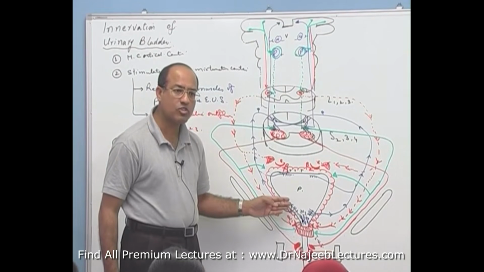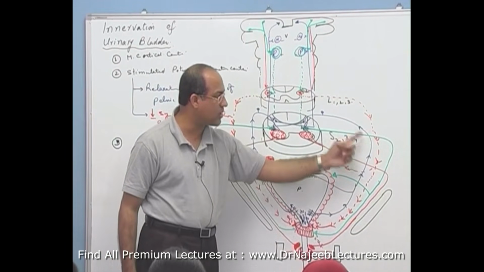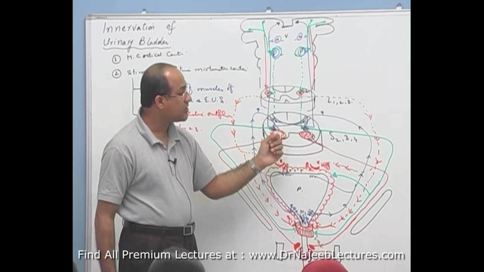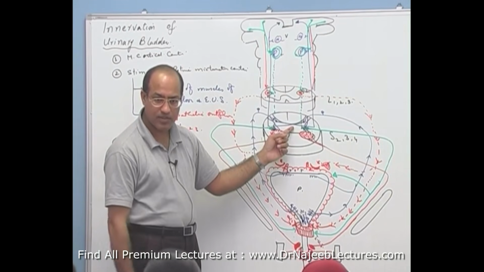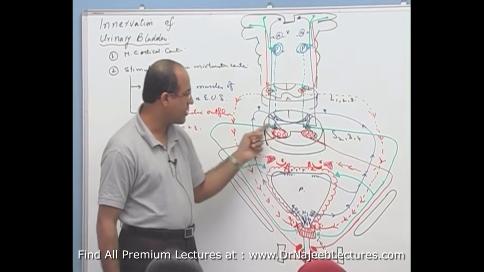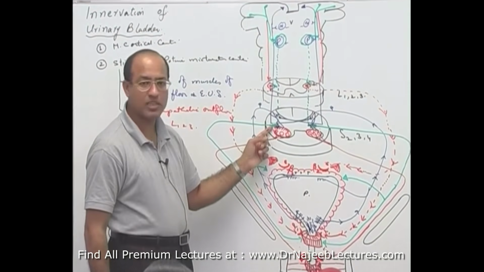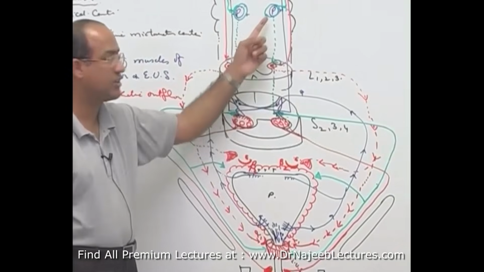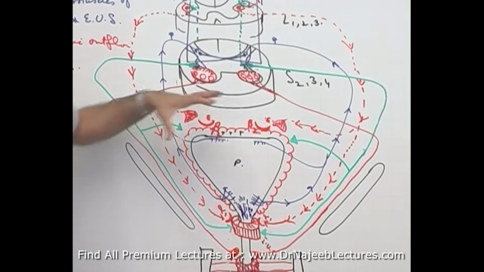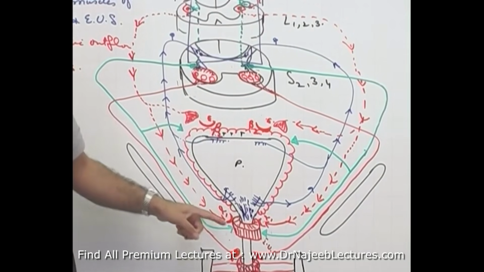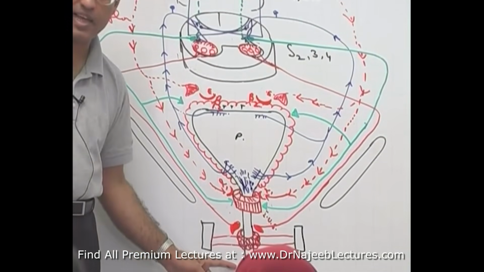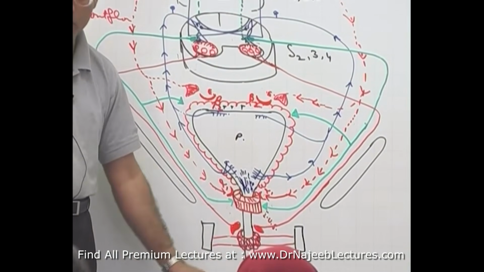So a very strong traffic of action potentials will reach the sacral cord. Now the sacral spinal reflex will be activated, right? It will locally stimulate parasympathetic outflow strongly, and parasympathetic outflow is further facilitated by the descending pathways. Due to that, the parasympathetic system will stimulate the detrusor, and at the same time there is relaxation of the internal sphincter, and the external sphincter is also relaxed. So he will start passing the urine.